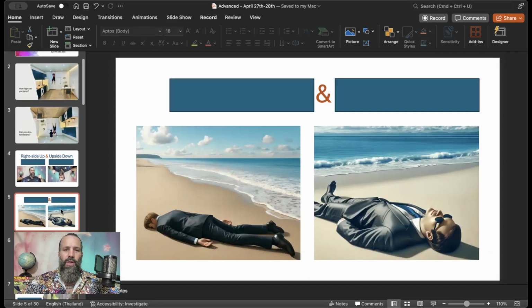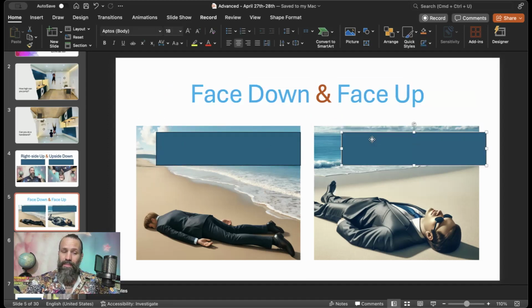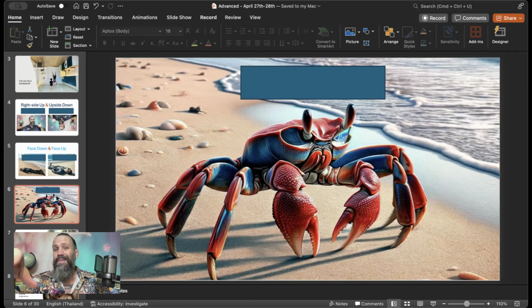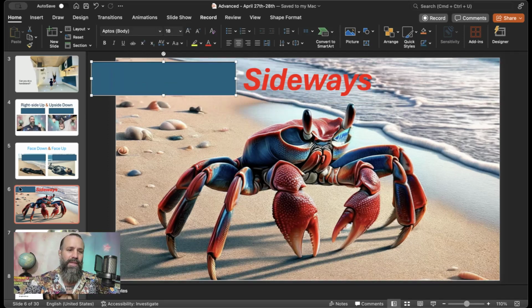Let's look at these ones. What about this? When you sleep or you're on your back or you're on your belly, we could say face down, face up. Pretty easy, right? Pretty easy. How does a crab walk? At least most crabs, not all crabs. Most crabs walk sideways, right? They walk sideways.